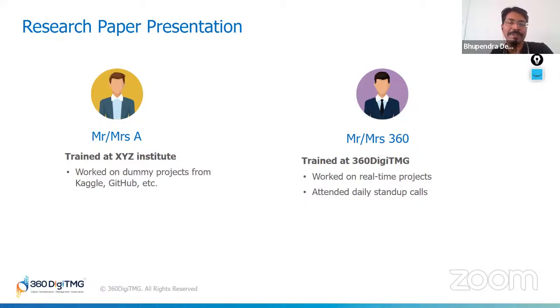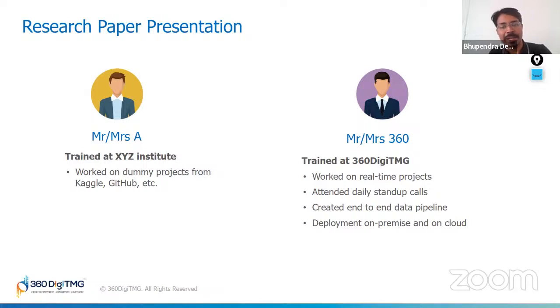Yes, real-time projects. When we say real-time projects, these are actual industrial projects, right? Attended daily stand-up calls, created an end-to-end data pipeline, right from scratch, from collecting the data to working on it, and monitoring and maintenance.